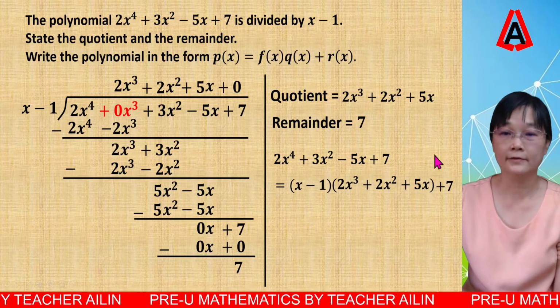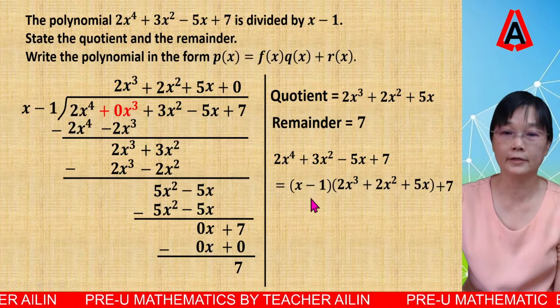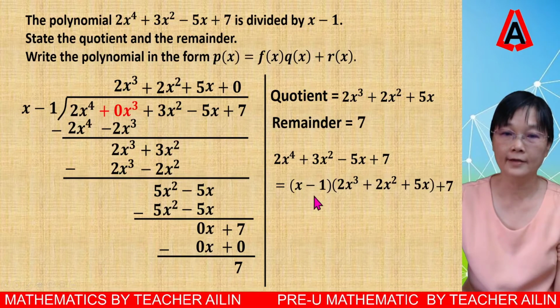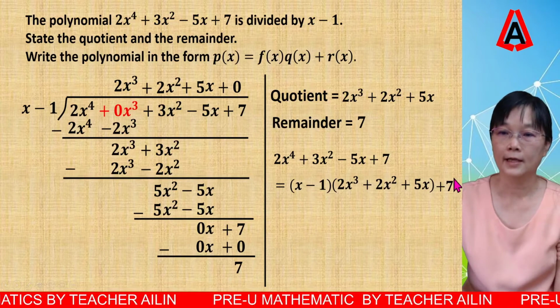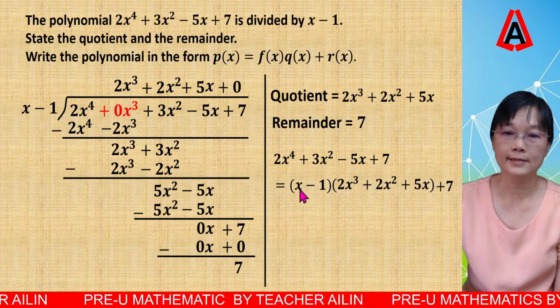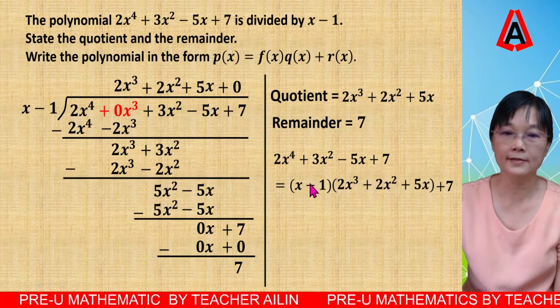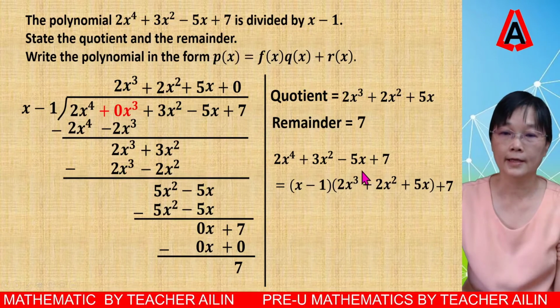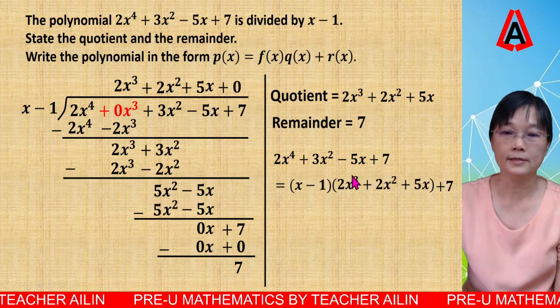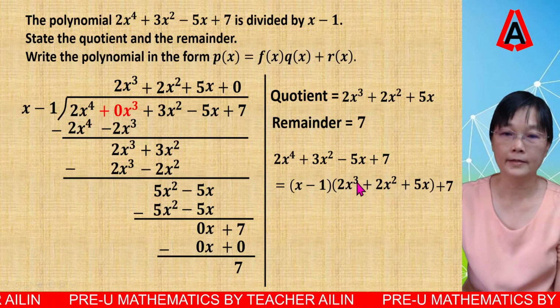Now, based on the result here, we can double check what we have learned just now. That is, when the divisor is linear, the remainder is a constant. And at the same time, when the divisor is linear, the highest power of the quotient is n minus 1.